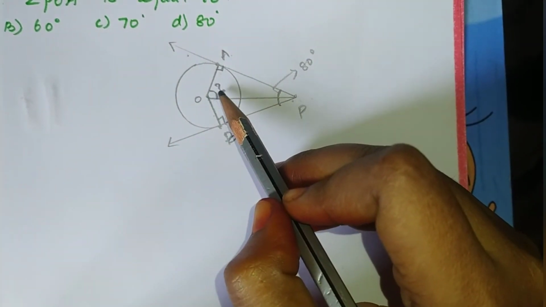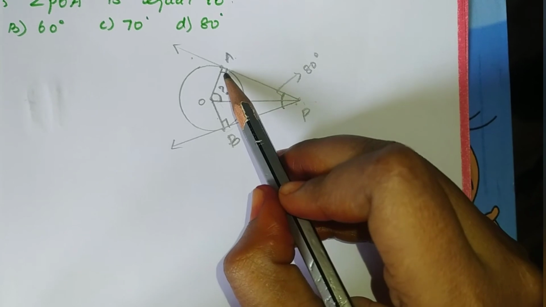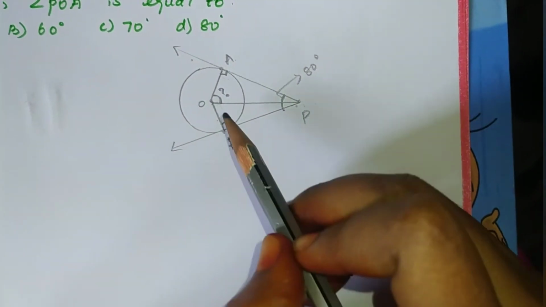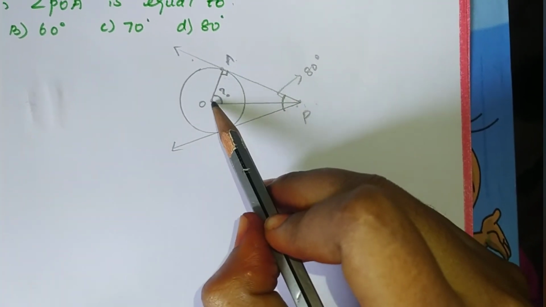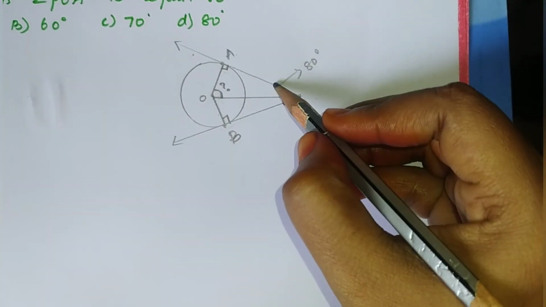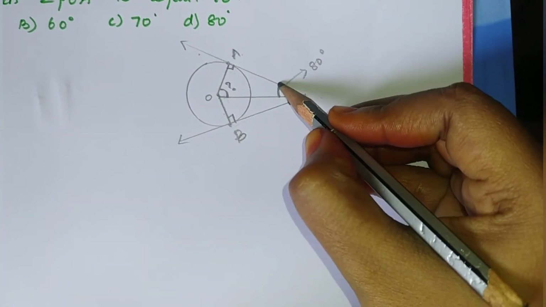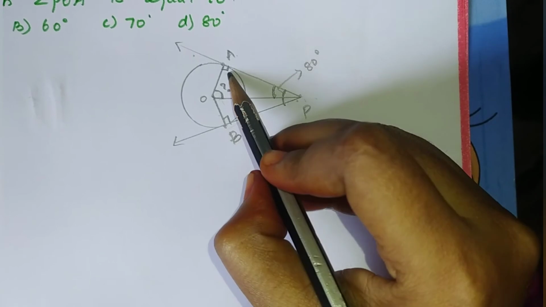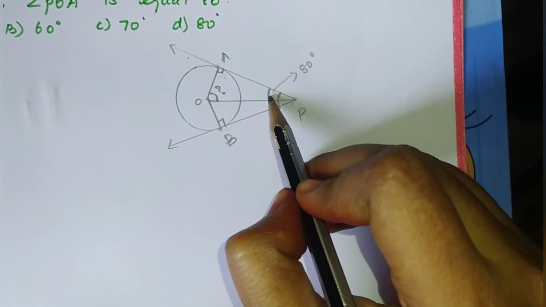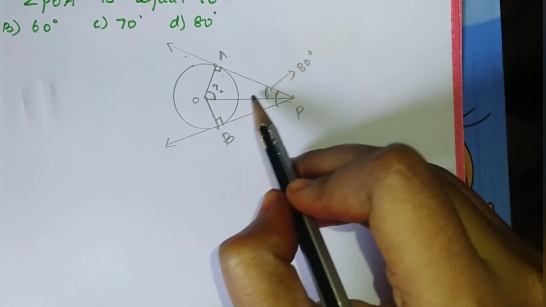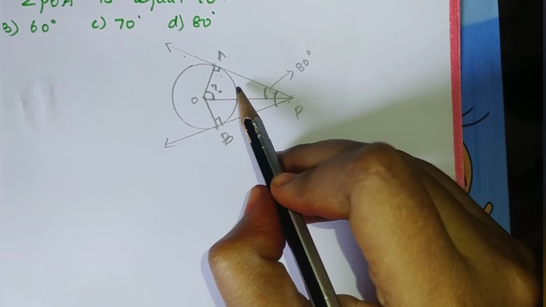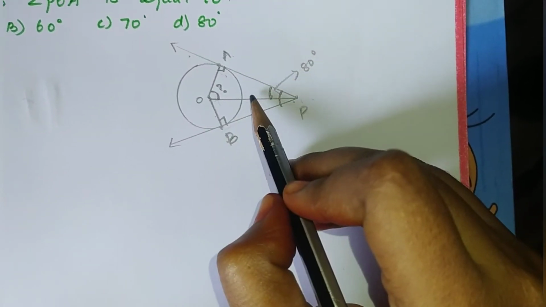This angle A we know, but we don't know angle O, and we don't know this portion also. If we know these two angles, we can apply the sum of the angles of a triangle is 180 degrees.